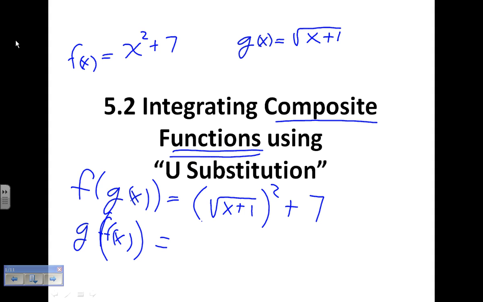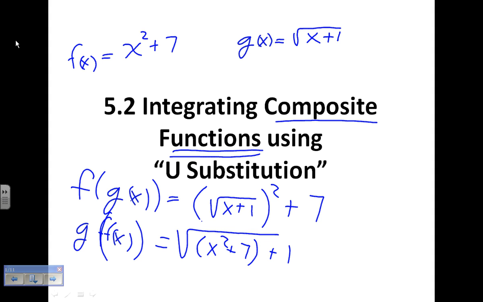G of f of x is also the square root, parentheses, x squared plus 7, plus 1. Those are composite functions. You get the idea from just looking at that. Those are how you integrate complicated expressions that you can't do the simple power rule or the simple trig rules with.